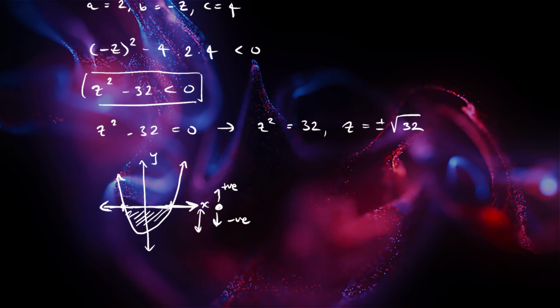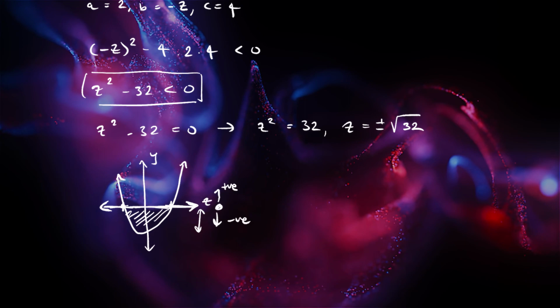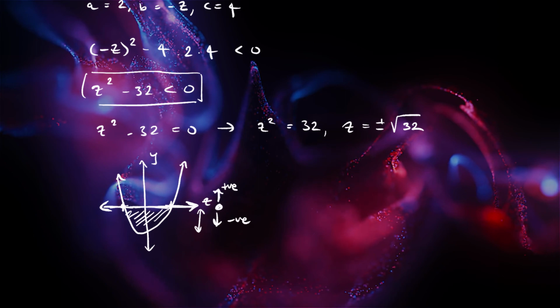And I just realized, because we're talking in terms of z, I should actually call this the z-axis, right? So underneath the z-axis the entire value here is going to be negative, and above the z-axis, all the values here are going to be positive. And so what does that mean? It means that all the values that we want to include are going to be included in this range, kind of in here, right?